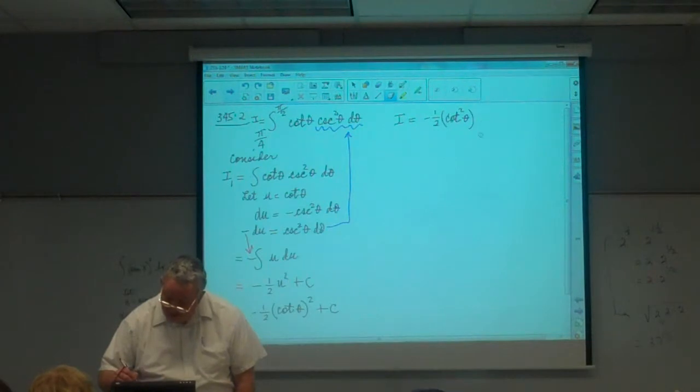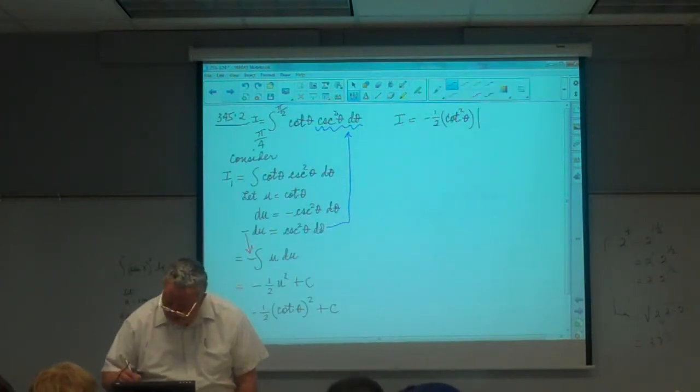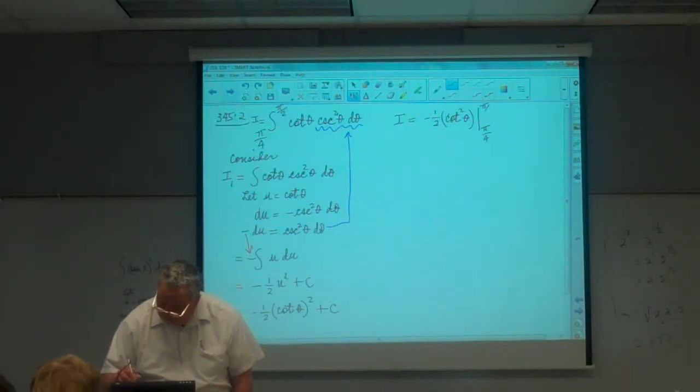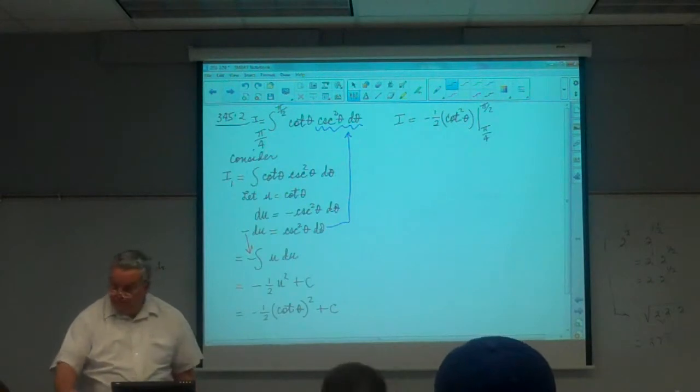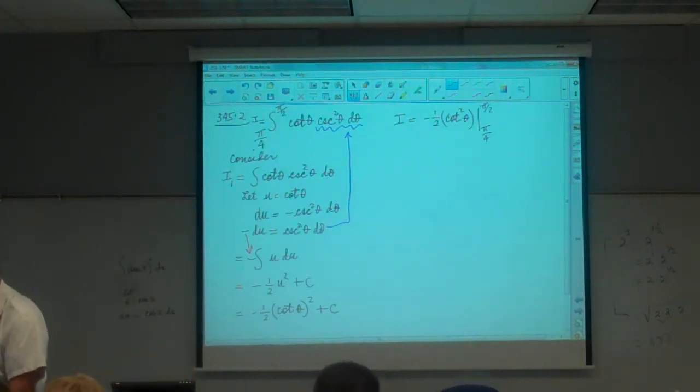plus c, because I am now going to say from pi over 4 to pi over 2. Does everybody see what I'm doing? And what that did is that kept us from having to change the limits of integration, didn't it?